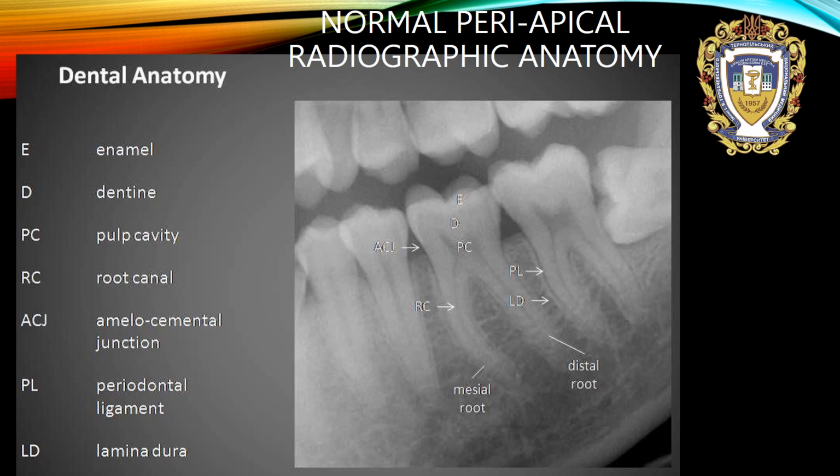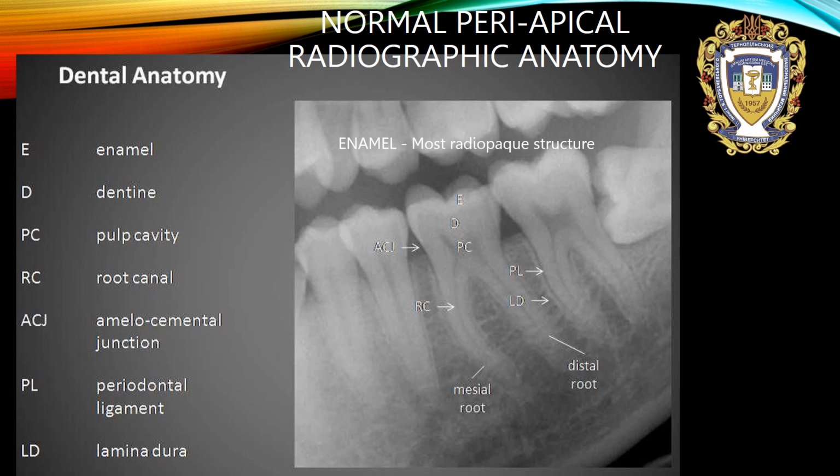And lamina dura. It is a white line outside of the periodontal ligament. It is the internal side of the alveolus.